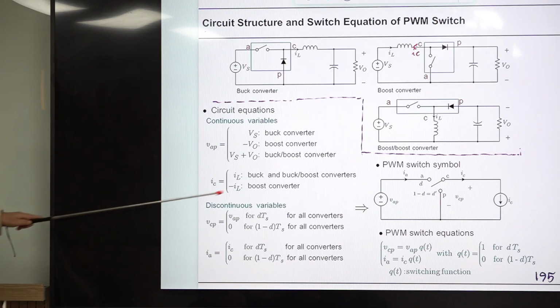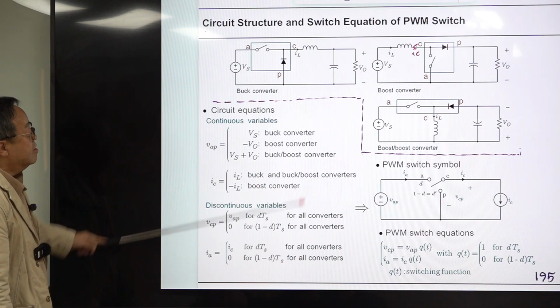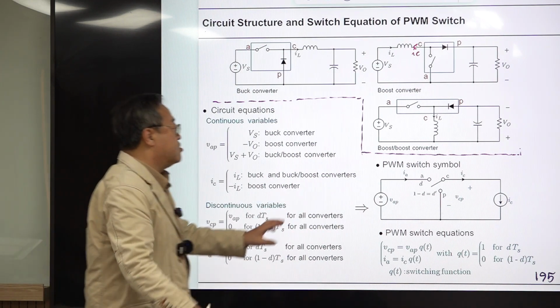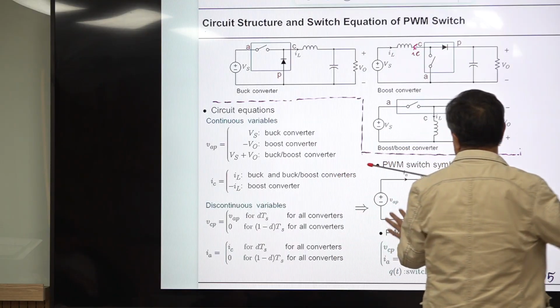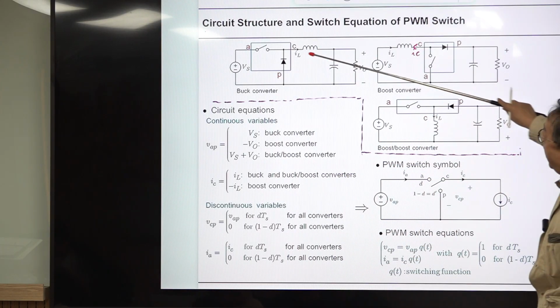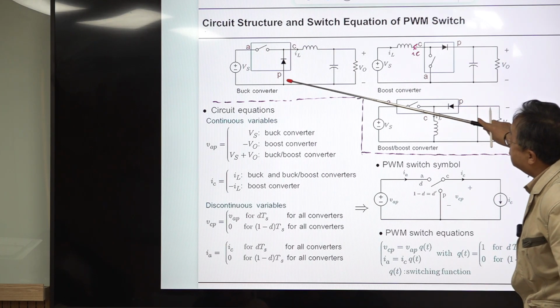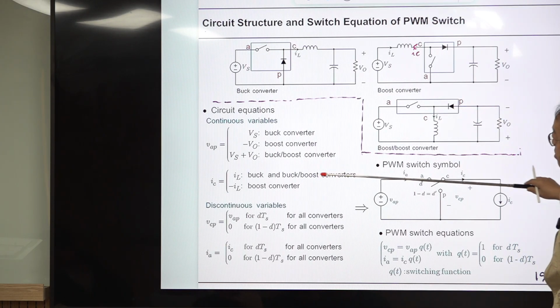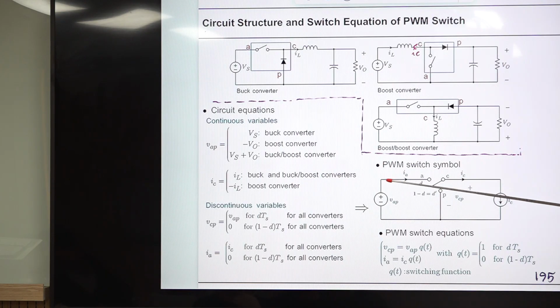So we have a minus sign here. This is the symbol of the PWM switch, right? So when the switch is connected to A, this V_S becomes V_CP, something like that. We already went through this, so I won't repeat that.